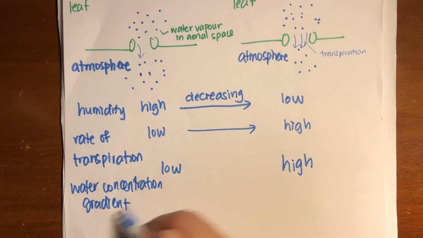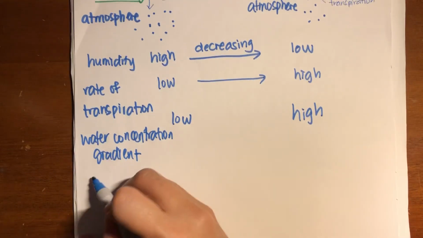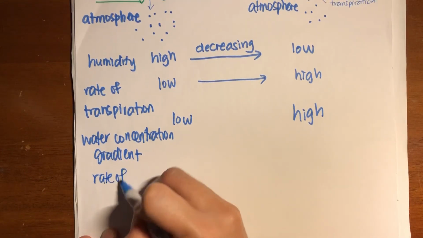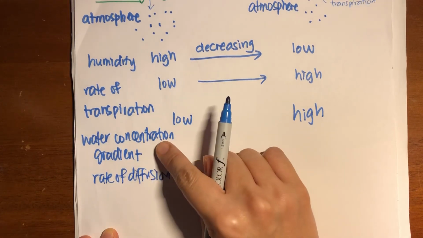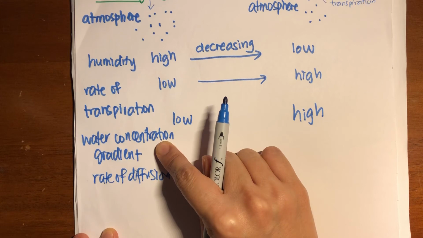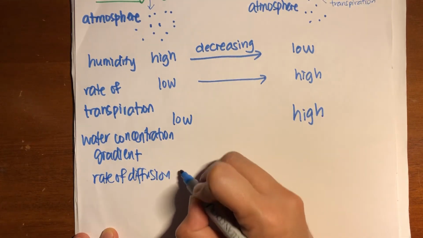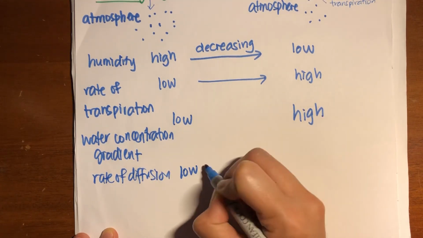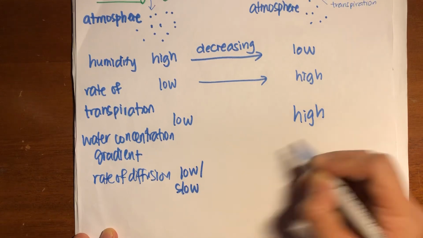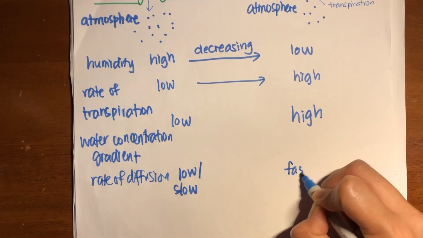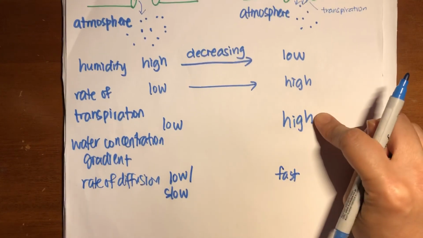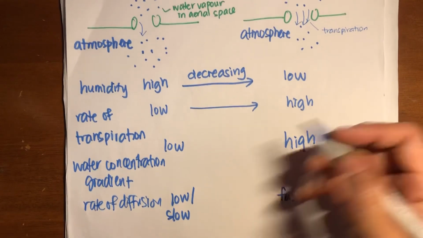This affects the rate of diffusion from the stoma. If there is a low water concentration gradient, this one will be slow. If it's a high concentration gradient, this one will be fast.